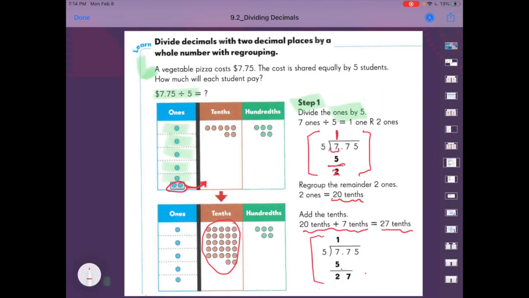Now mathematically, let's look over here and see what happened. So we took the 2 ones that were left over, we combined it with the 7 tenths that were already there, so now we have 27 tenths to divide evenly among 5 groups.